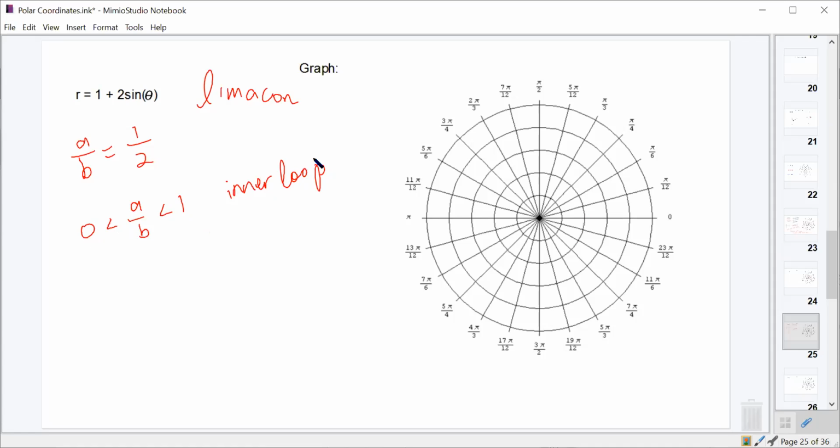Now, I'm going to try to sketch this on my own, but then we'll look at it on Desmos afterwards because it'll look a lot better on Desmos. So there's going to be an outer loop and an inner loop to this.